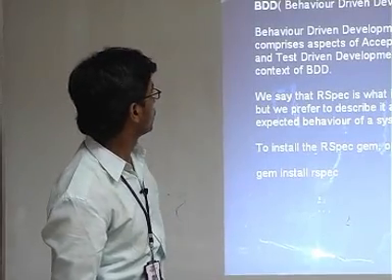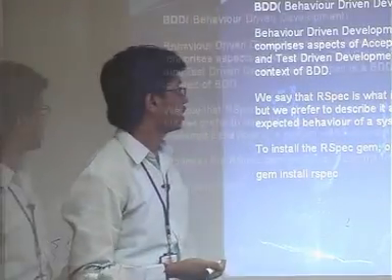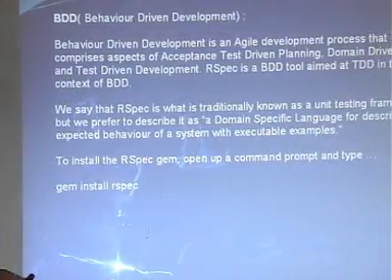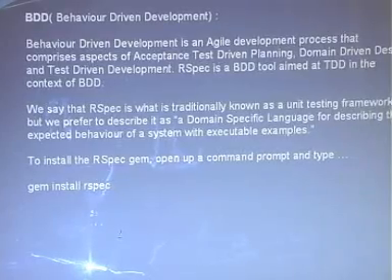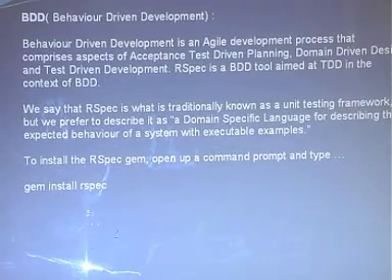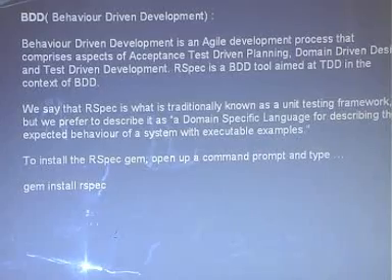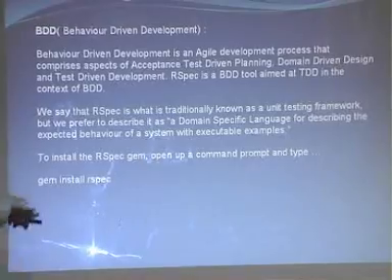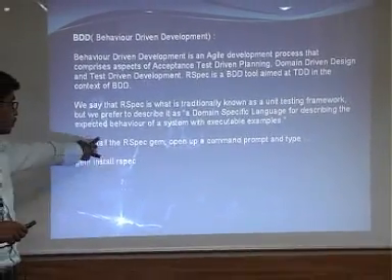In behavior driven development, we say that Rspec is what is traditionally known as a unit test framework, but we prefer to describe it as a domain specific language for describing the expected behavior of a system with executable examples. To install Rspec, first run gem install rspec.